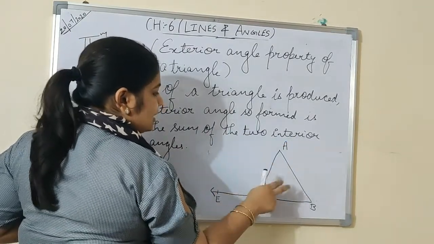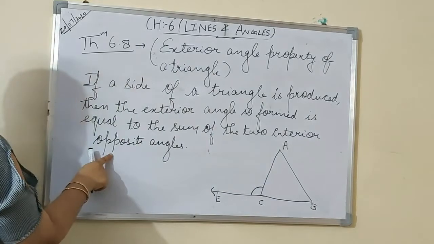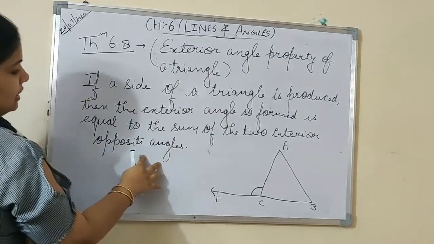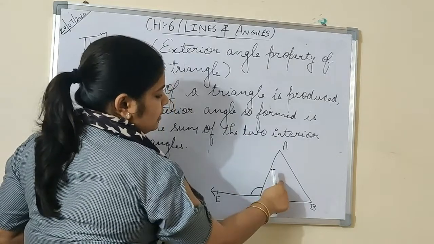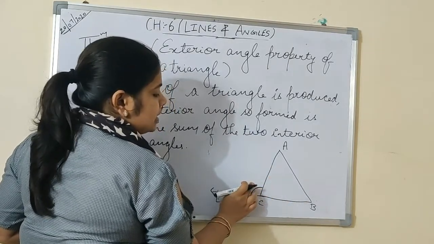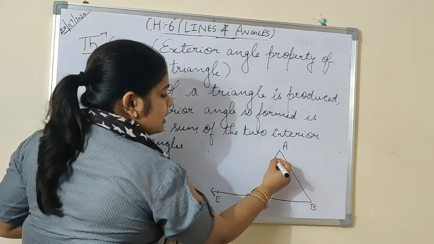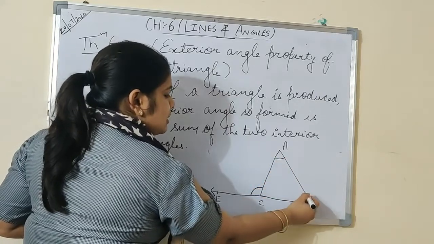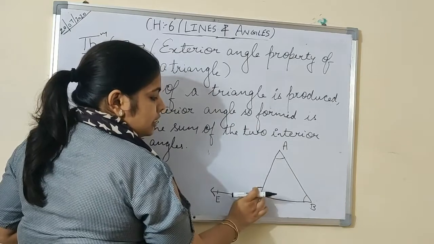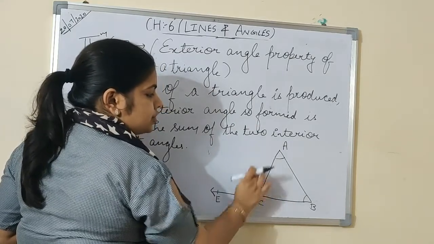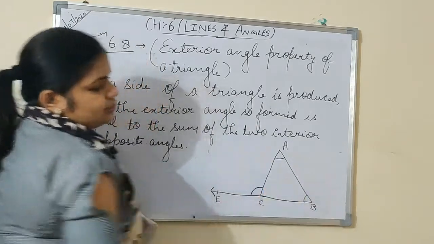We have to take two interior angles which are opposite to this exterior angle. So interior opposite angles to this exterior angle are this and this only. You all know that, because this is not the interior opposite angle. Interior opposite angles will be these two angles only.